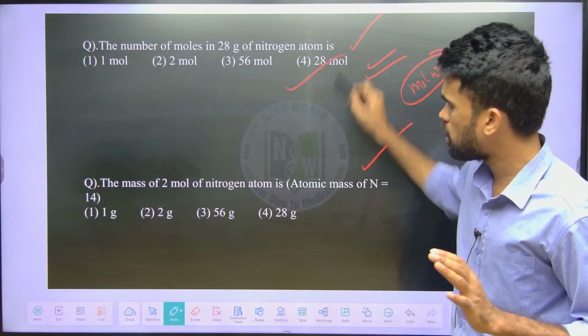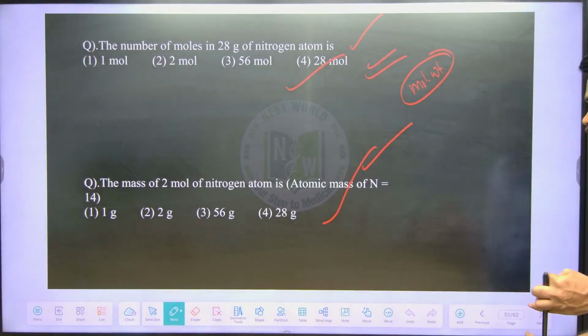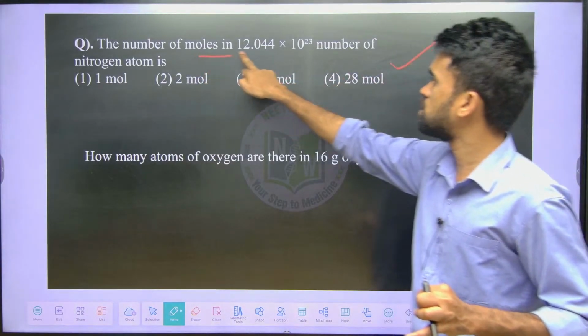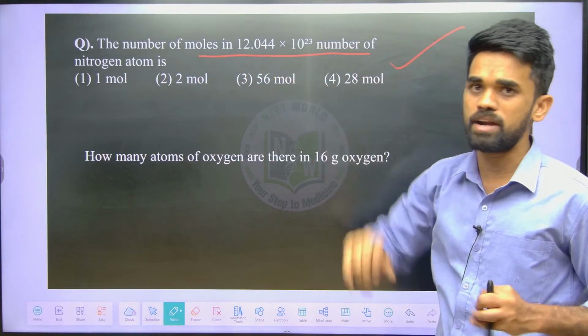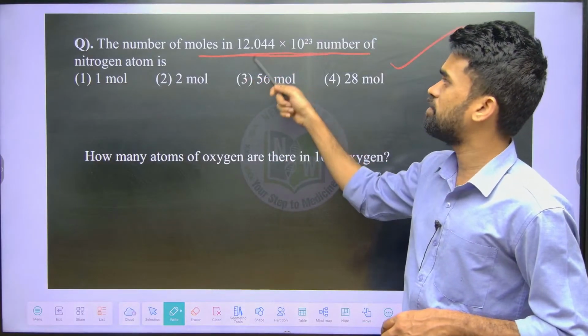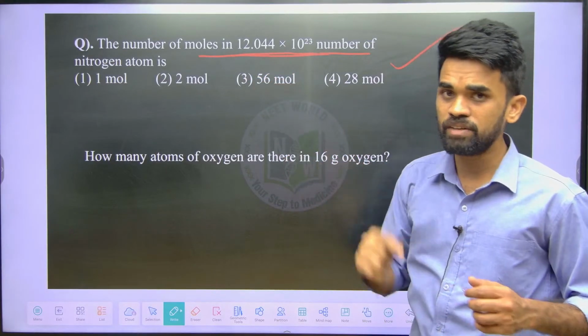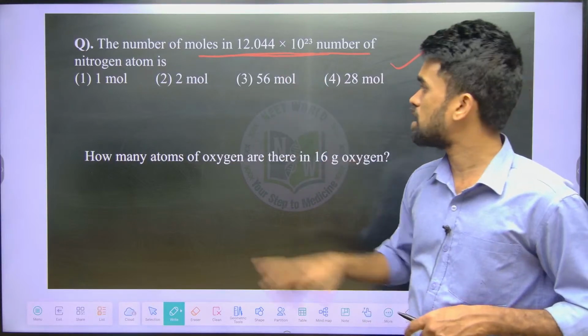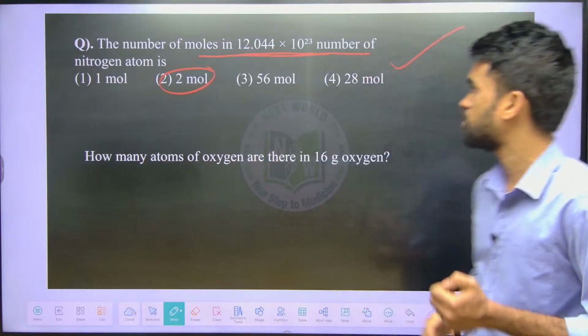Try all these questions. Just now we did the number of moles in this many nitrogen atoms. Divide the given number by the Avogadro number, and it will give you the final answer as 2 moles. You just try it and tell me.